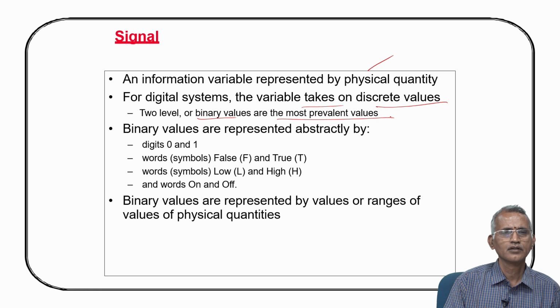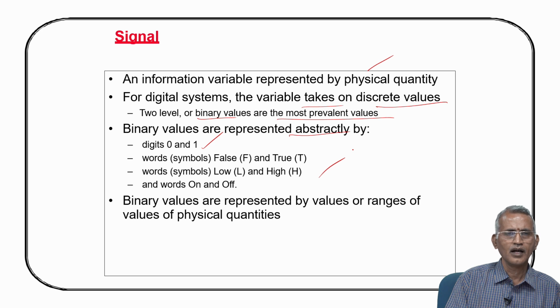Binary values are represented abstractly by the digits 0 and 1, and by the words F and T, respectively false and true, and also the words L and H, respectively low and high, and the words on and off. These are all the representations of binary values. And binary values are represented by ranges of values of physical quantities.